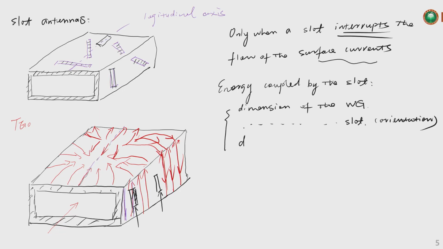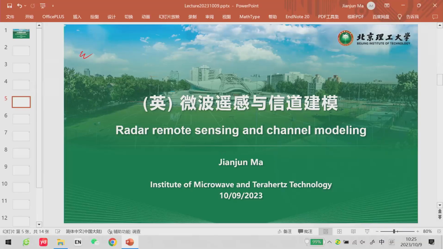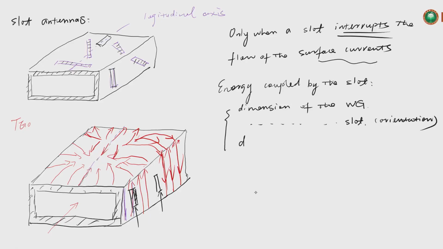So this means the density of the surface current that the slot interrupts. So mainly by such three factors.